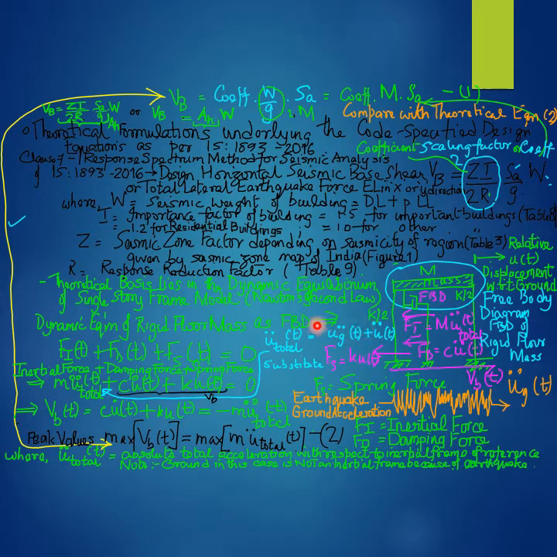Returning to the theoretical formulation, that is the mathematical derivation of the theoretical basis for the code specified design earthquake loads, proceeding with the dynamic equilibrium equation derived mathematically by considering the dynamic equilibrium of the free body of the rigid floor mass circumscribed by the green ellipse.